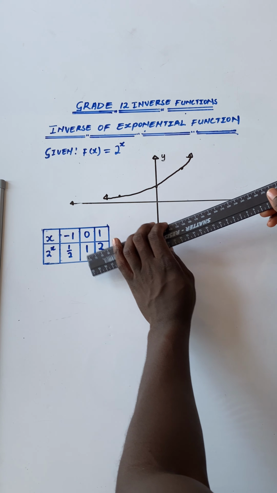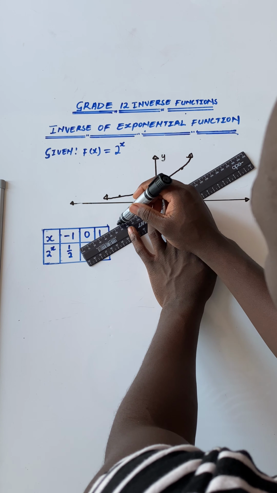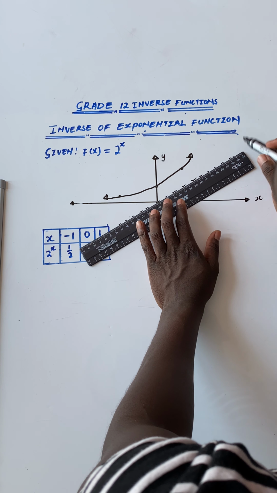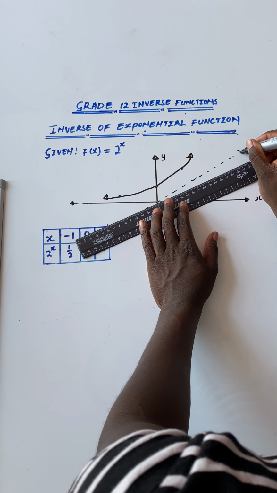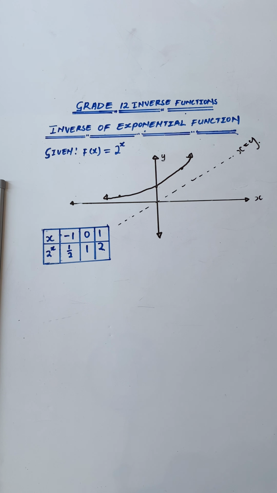So we always have an axis of symmetry here. I did not include that in the others, but we'll always have an axis of symmetry here. This is the line x is equal to y. So the inverse is the reflection of the original graph at the line x is equal to y. You can also do that with the other functions, like your straight line functions and your quadratic functions.